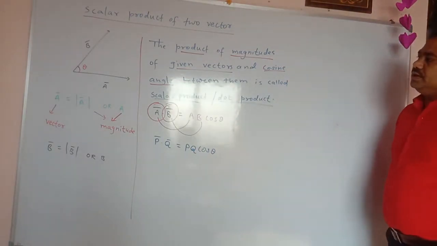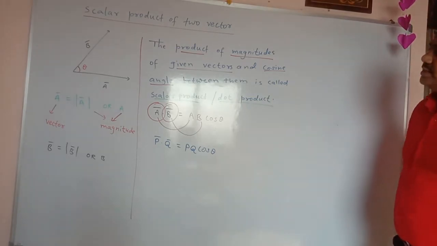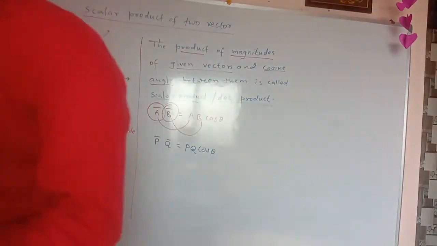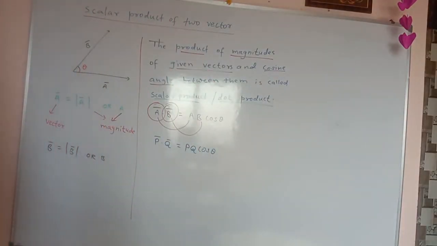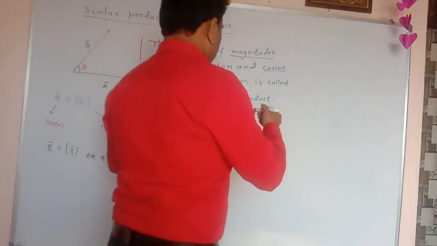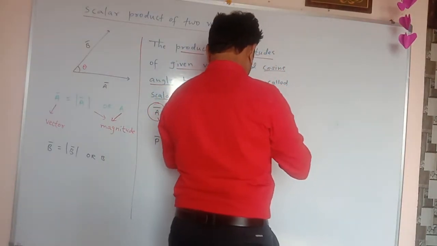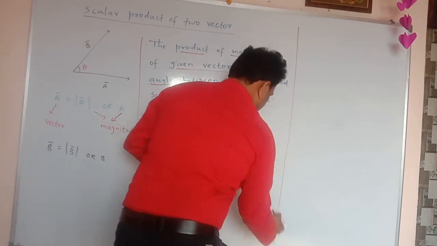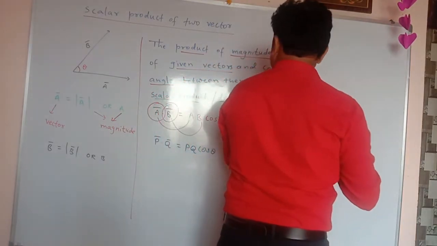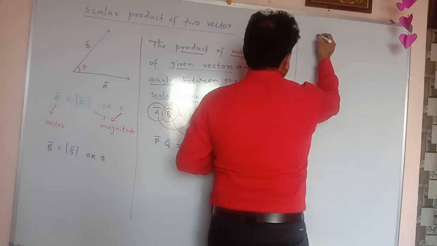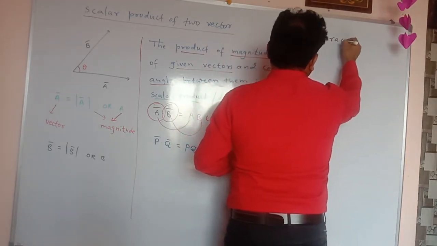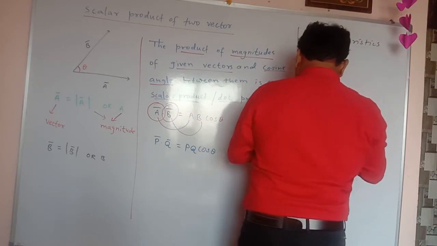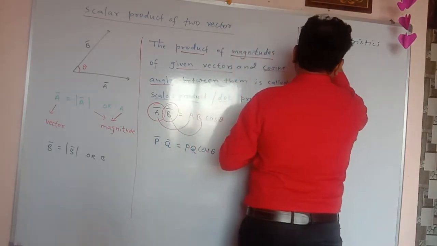So let us discuss some properties, or we can say characteristics, of this scalar product or dot product. Now which characteristics are there of dot products?